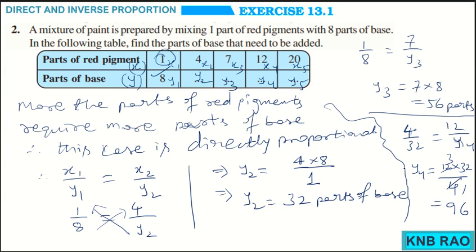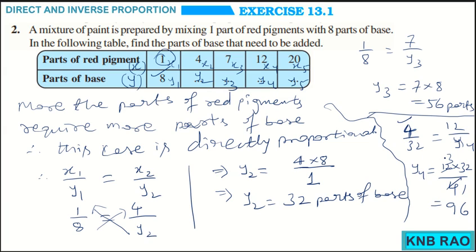So straight away I can say, without finding 1 unit, if they give the cost of 4 units to find the cost of 12 units, we need not find the 1 unit cost. Straight away we are using the cost of 4 units only.